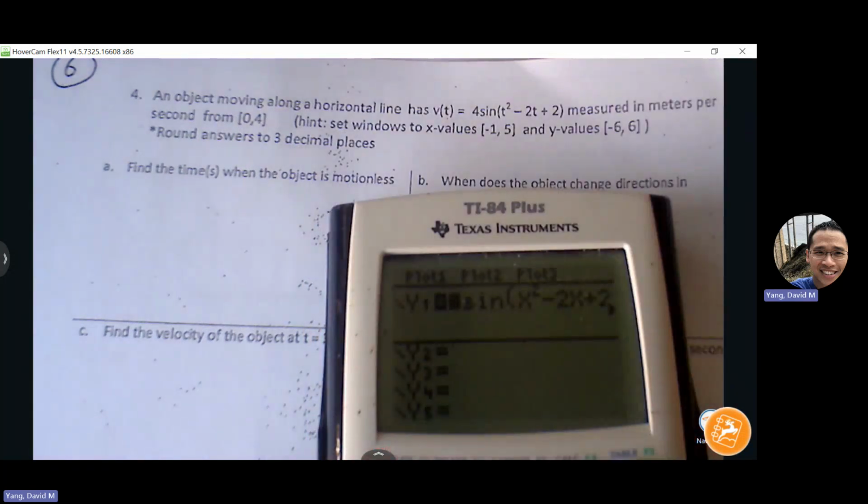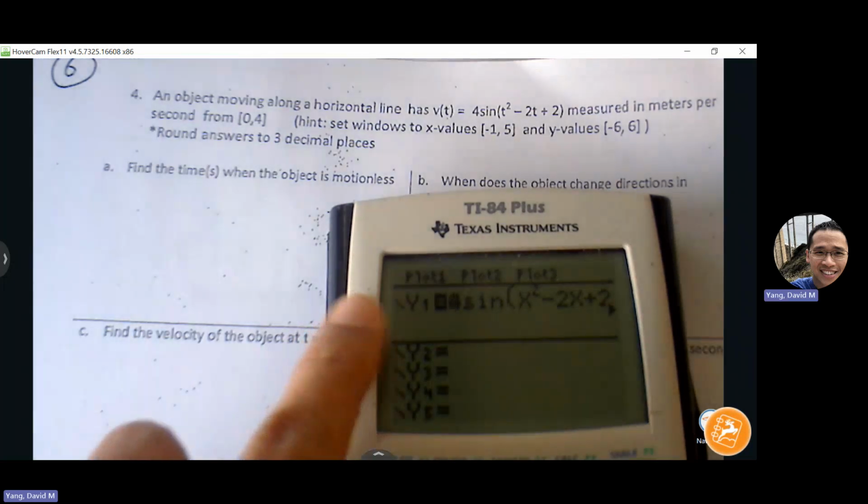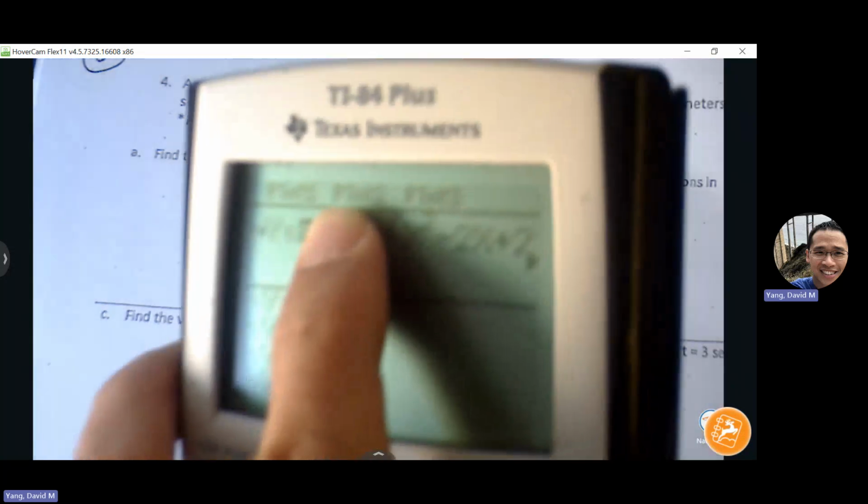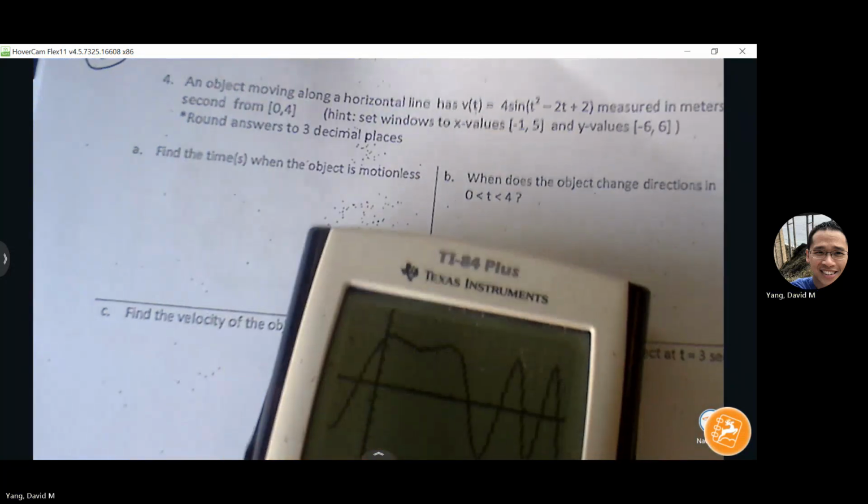Just always make sure it's unhighlighted. So that's a good point. If you ever get that dimension error, make sure that above your y equals you don't have any highlighted plots, 1, 2, or 3. Okay, all right, go to graph.